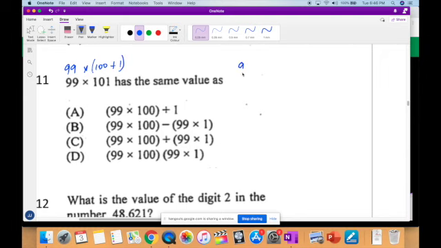So therefore 99 is being multiplied by 100 plus 1. And now I could do the multiplication by the distributive law. 99 times 100 plus 99 times 1. And that is C.